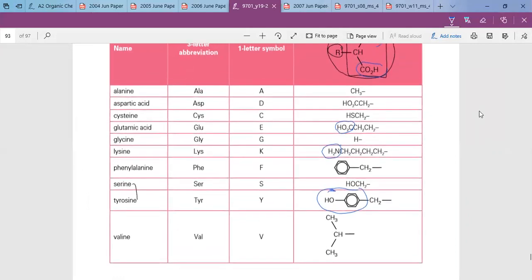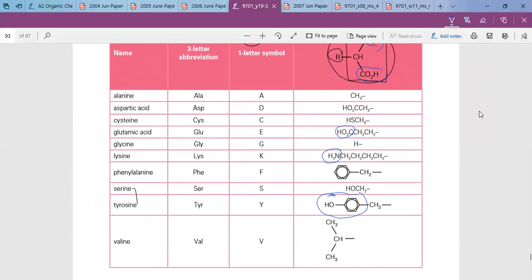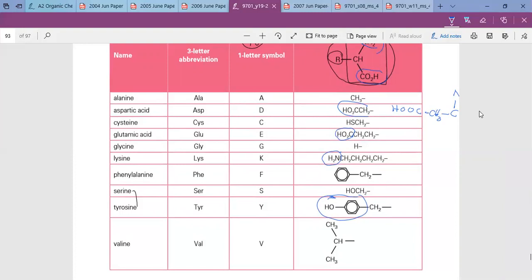For aspartic acid, I'm going to draw it here: CH2 and then C, and an NH2 here. Never mind, let's do it again.